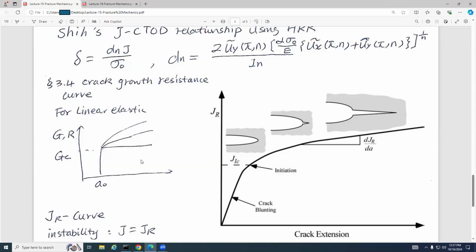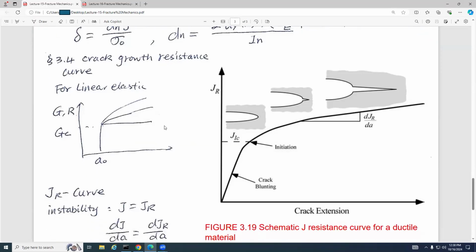This is what I told you when we talked about linear elastic fracture mechanics. Now, because we have learned more, we talk about J here. When we compare these two curves and figures, they are quite similar.